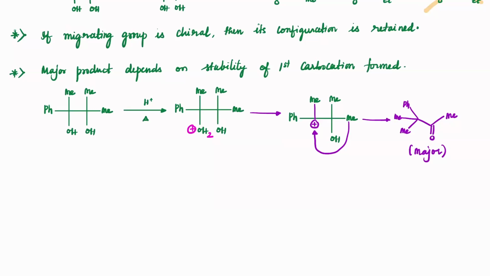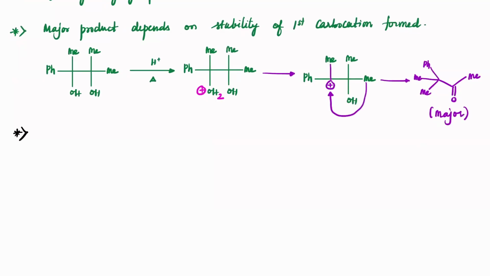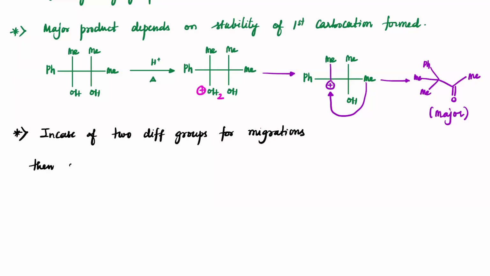Next, in case of two different groups for migration, migratory aptitude decides the migration.